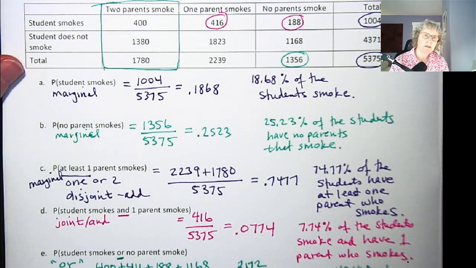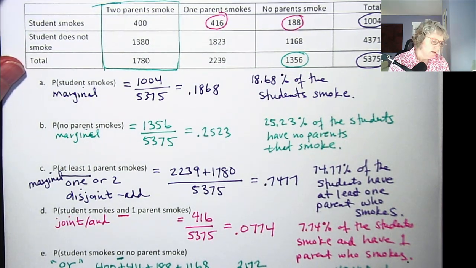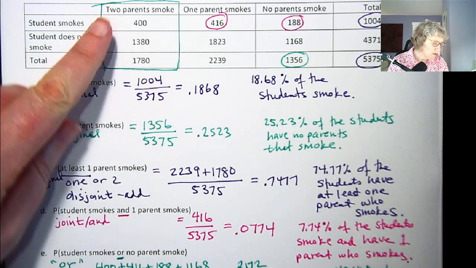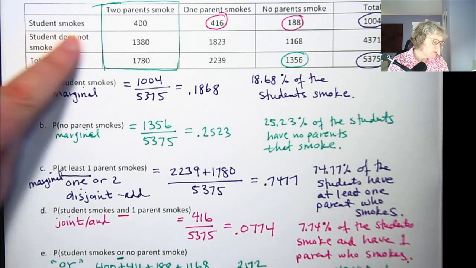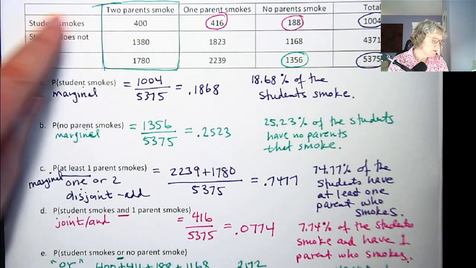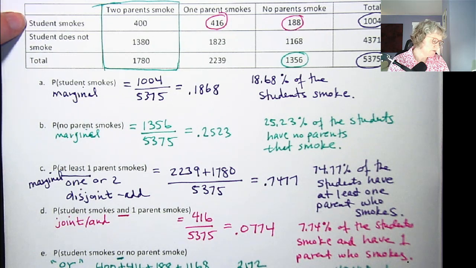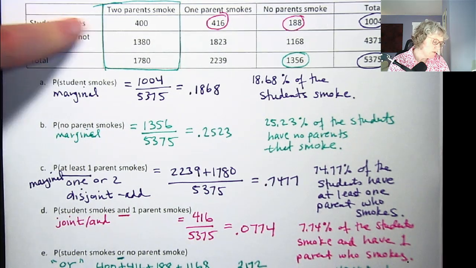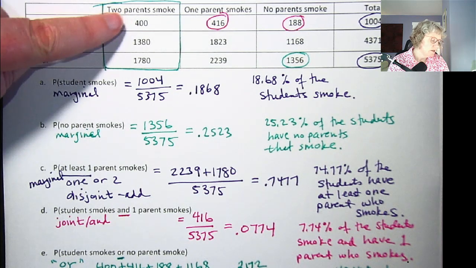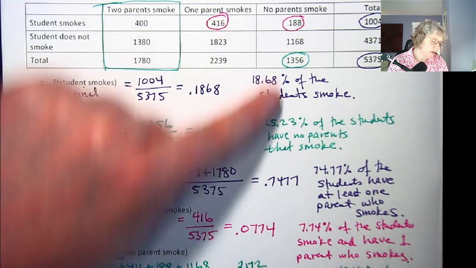Okay, so in the one with 3 different treatment groups, we looked at the success rate in each group, right? So here we could either pick the students who smoke or do not. I think for me it seems kind of logical to pick the students who smoke, and then we'll compare that across 2 parents, 1 parent, or no parents.